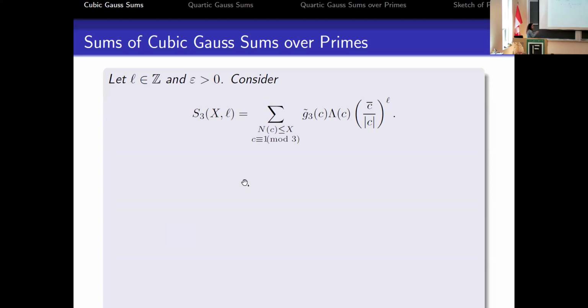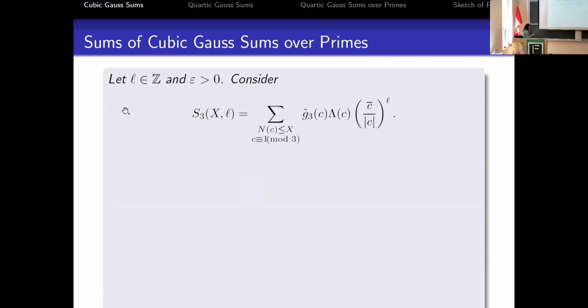I will talk more about this relation between moments and these twisted first moments in the quartic setting. It will be the same for the cubic setting as well, but I'll talk more about it in the quartic setting. So the problem reduces to considering the asymptotic behavior of twisted first moments as such. L here is any positive integer.